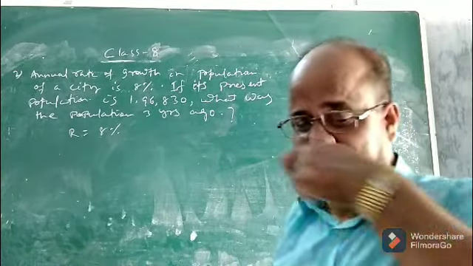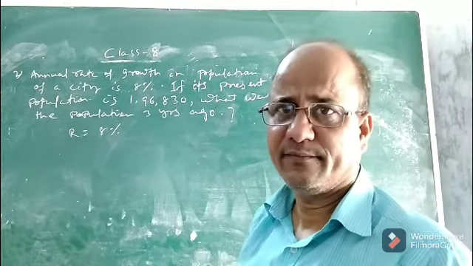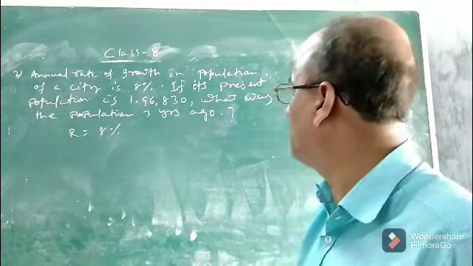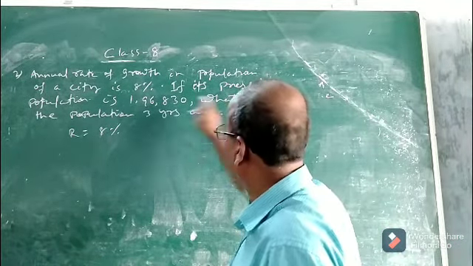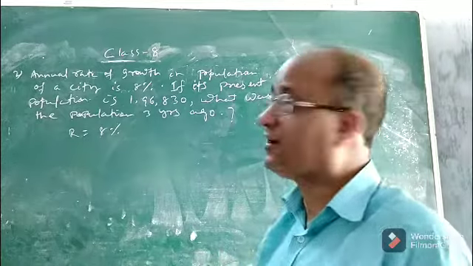So here, will we take the present population as P? No, the answer is no. Why? Because we have to find what was the population of the city 3 years ago.